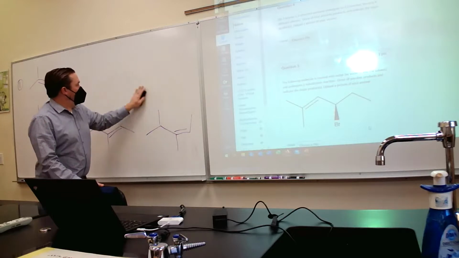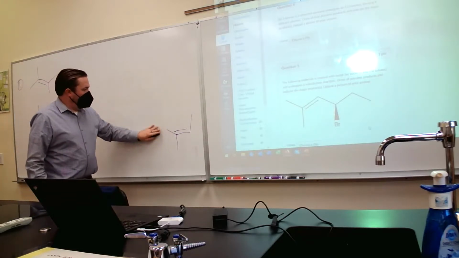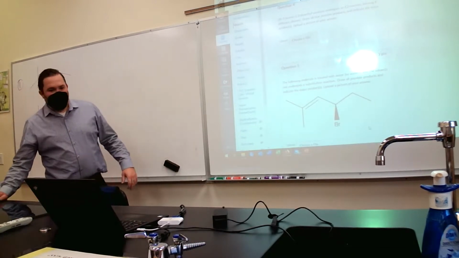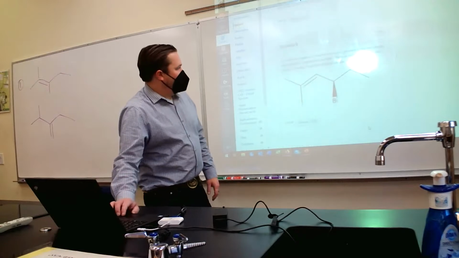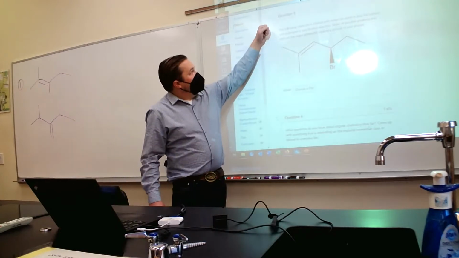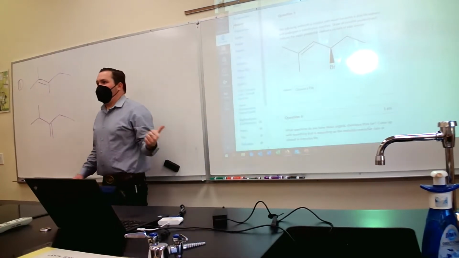And the last one was an SN1 reaction. And we knew that because there's a couple of key clues here. It's treated with water. So water is both the nucleophile and the solvent.